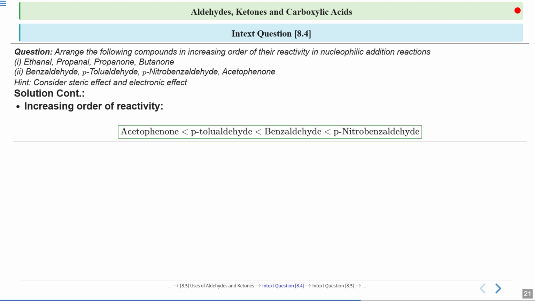The order is influenced by the electronic effects of the substituents on the benzene ring, where the electron withdrawing group, like the nitro group, increases the reactivity and makes the carbon more electrophilic. So the incoming nucleophile will easily attack para-nitrobenzaldehyde. Is it clear how we have arranged the order?